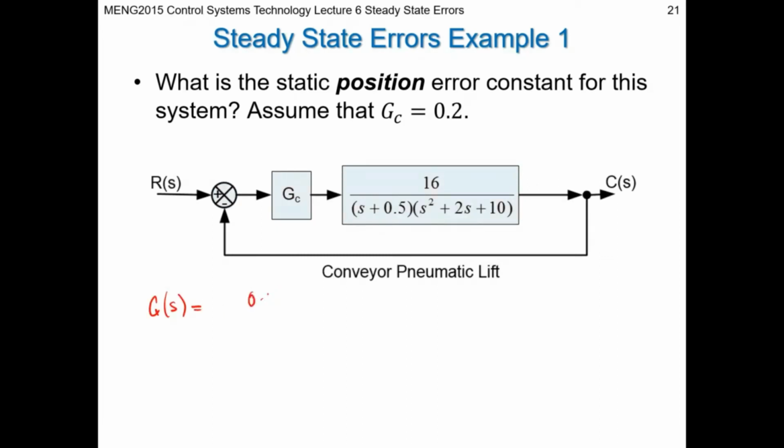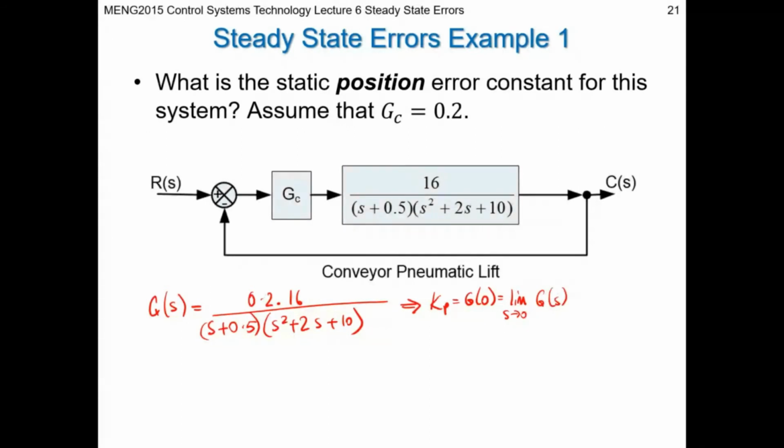G(s), we said, is then going to be 0.2 times 16 over (s plus 0.5) into (s squared plus 2s plus 10), which implies Kp equals G naught equals the limit of s going to 0 of G(s). That equals 3.2, which is our 0.2 times 16 on the numerator, over, with s going to 0, 0.5 times 10 on the denominator. It's 3.2 over 5.